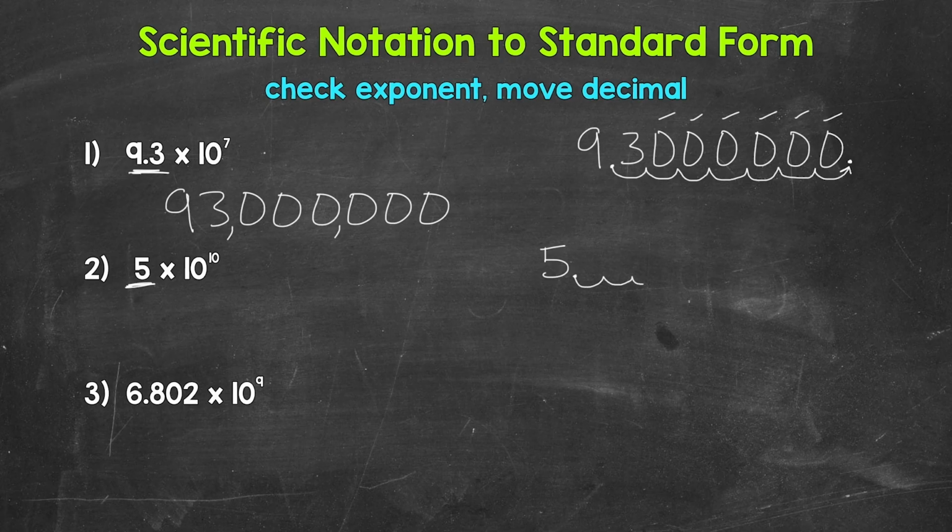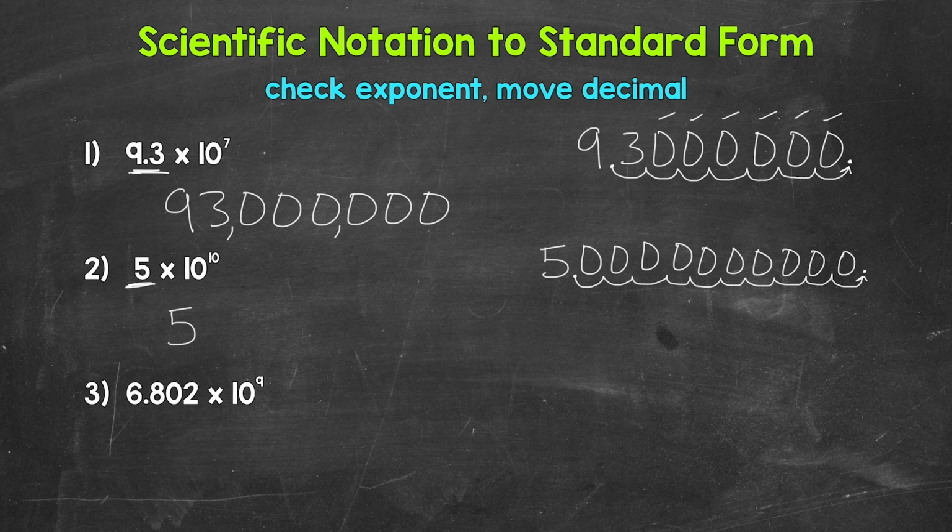So let's move it to the right 10 places. 1, 2, 3, 4, 5, 6, 7, 8, 9, 10. And then we can fill with zeros here. And that's our standard form. So let's rewrite this.